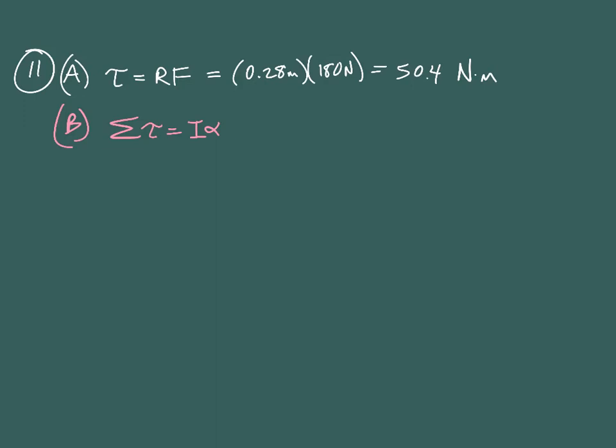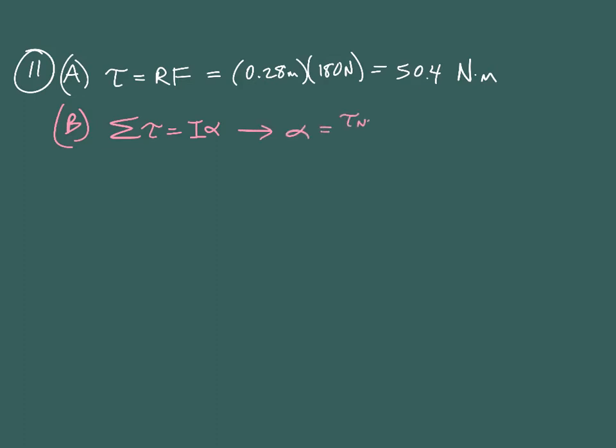I want to know angular acceleration, and I know that torque equals I alpha. I know it's a solid disk, so I can look up what I is, which is 1/2 mr squared. I already know the torque value, so I can go straight to Newton's second law, which sooner or later has to apply in any of these torque problems.